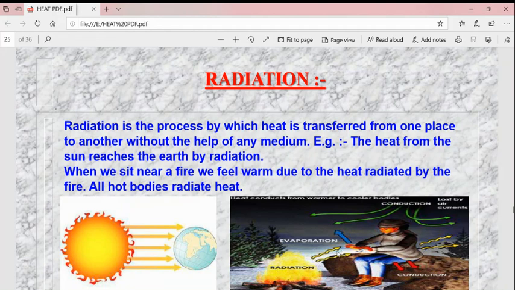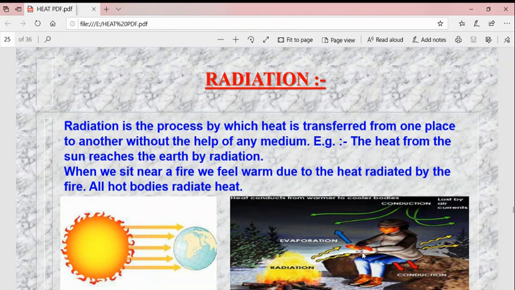Whatever the hot bodies, for example the sun or the fire, these all radiate heat, and in the radiation process there is no requirement of any medium. It is directly emitting, or radiating, heat.